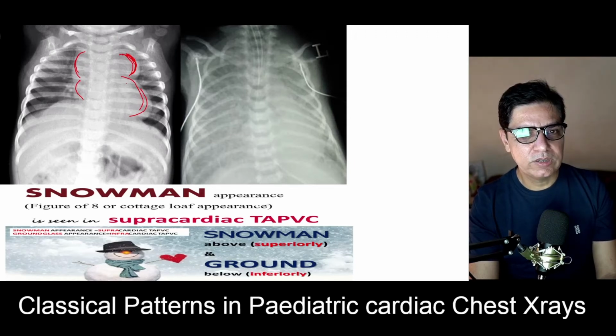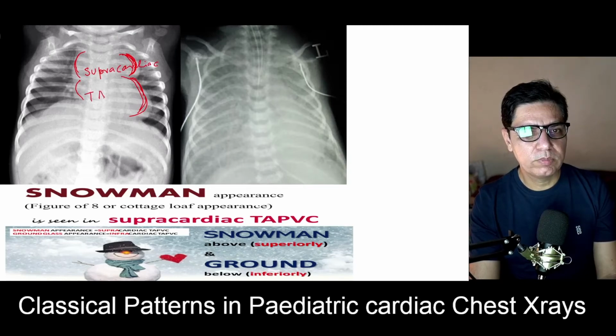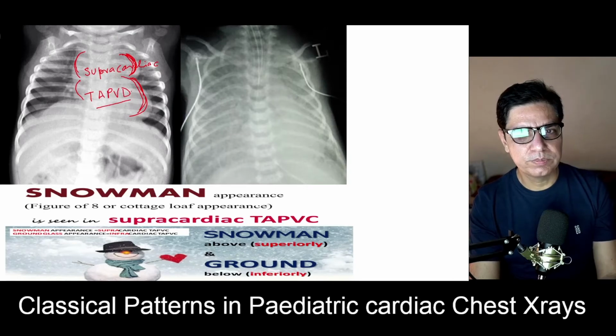So that gives you the snowman appearance. If you get this snowman appearance, this is very much characteristic of the supracardiac variety of total anomalous pulmonary venous drainage or venous return.